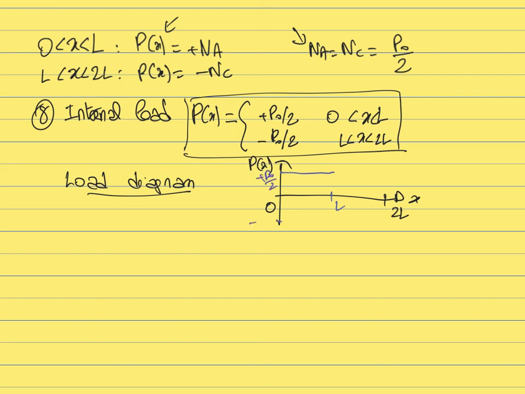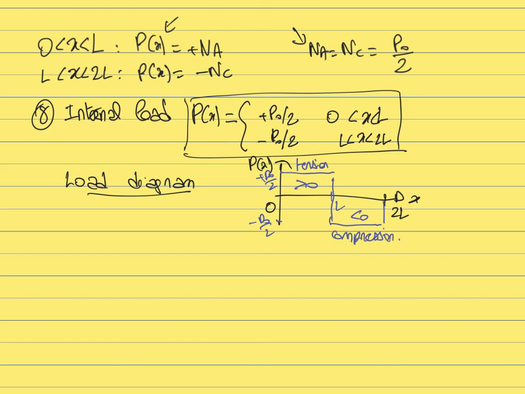And then the load becomes negative, minus P naught over 2, between L and 2L. So the load becomes like this. So in this case, the load is positive in this region, which means that in this region, the beam will be under tension, while in between L and 2L, the load is going to be negative, which means that the beam will be under compression.